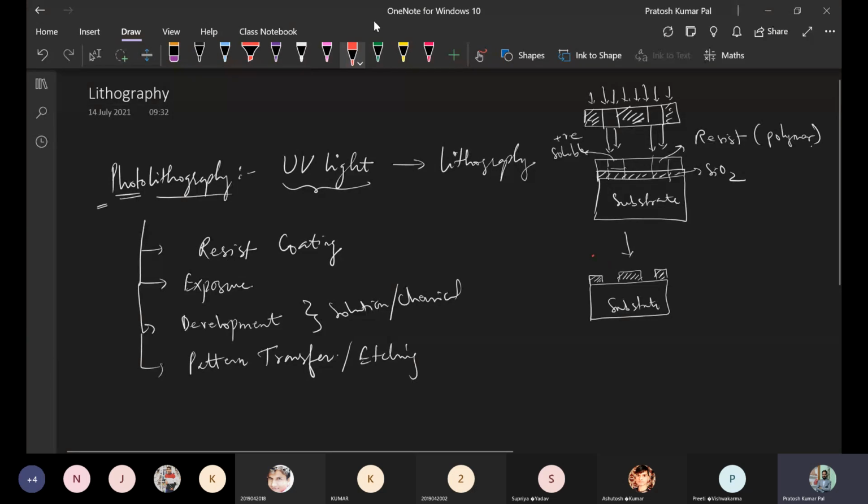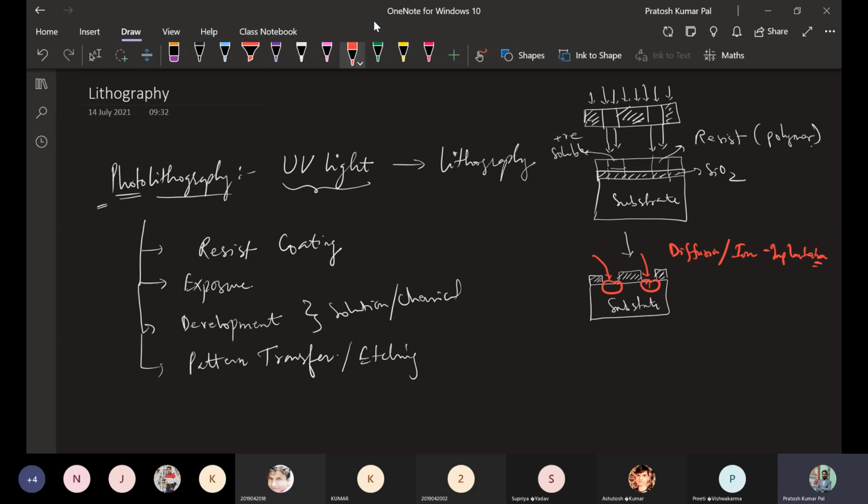Here we can see these areas of the semiconductor surface are directly exposed to the outside. That means whenever we need further processing, we can directly process some steps on these areas of the semiconductor surface. In these selected areas only, the diffusion or ion implantation will be taking place.